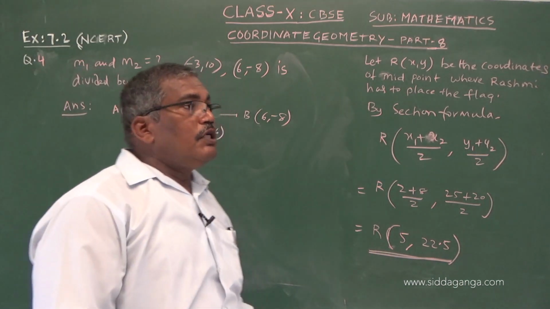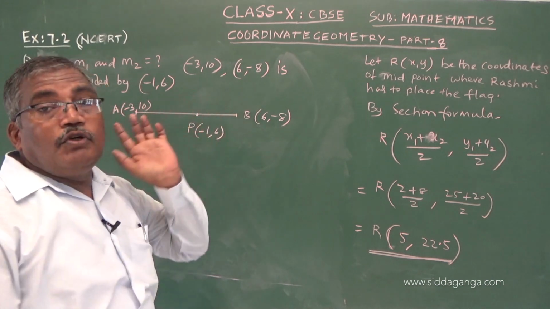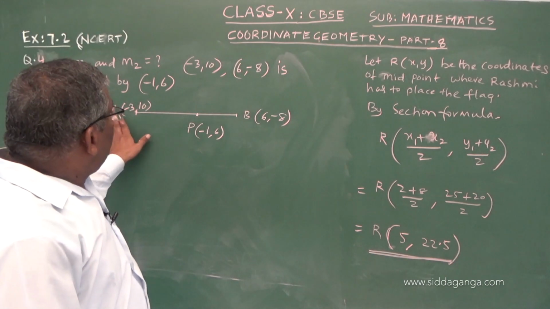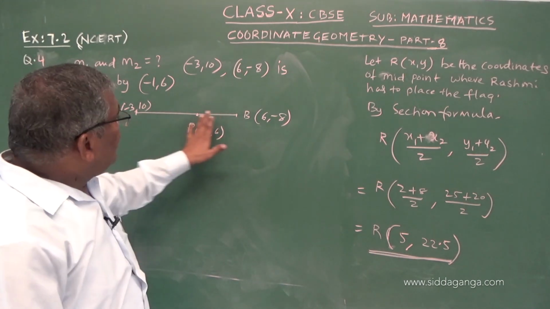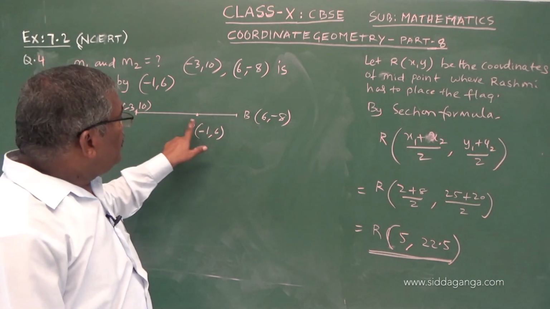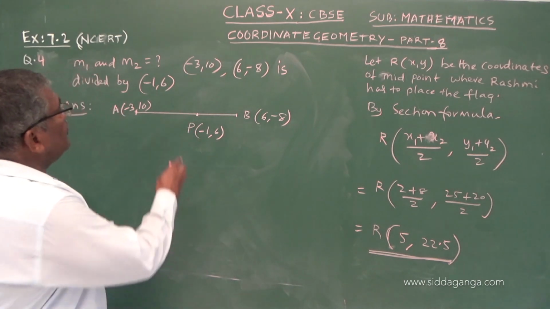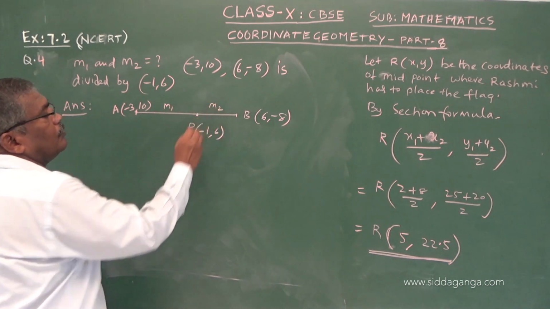What is to be found out? What will be M1 and what will be M2? The ratio we have to find out. There is a point P which is in line with AB, because it divides AB, it is collinear. So we are supposed to find out M1 and M2.